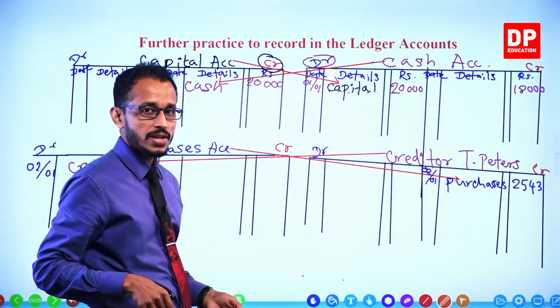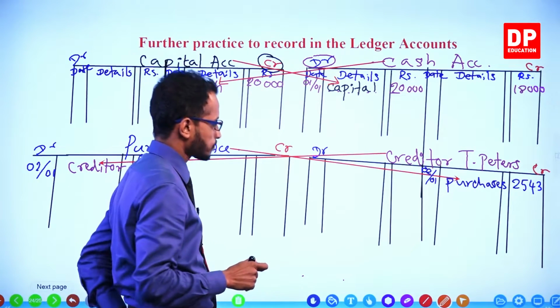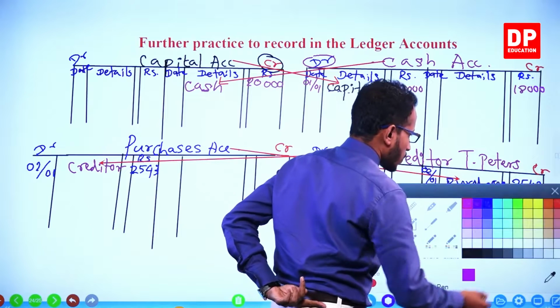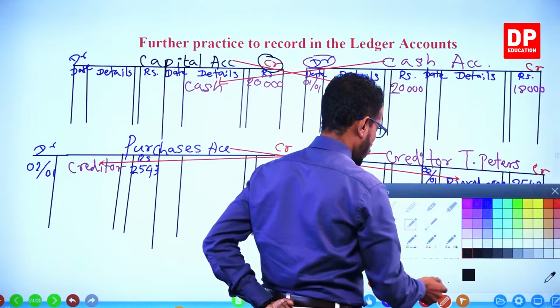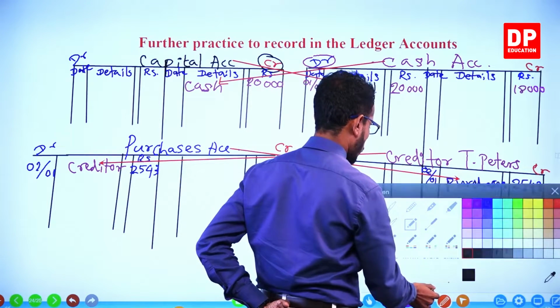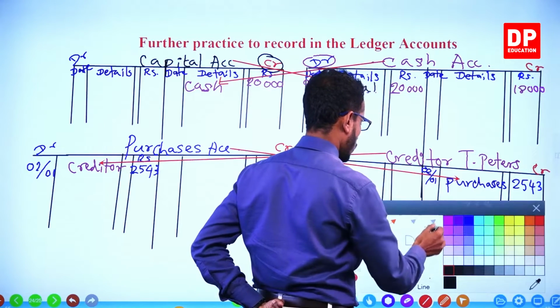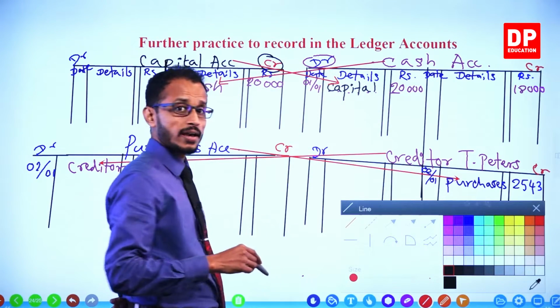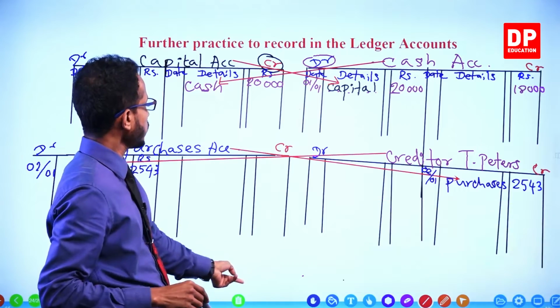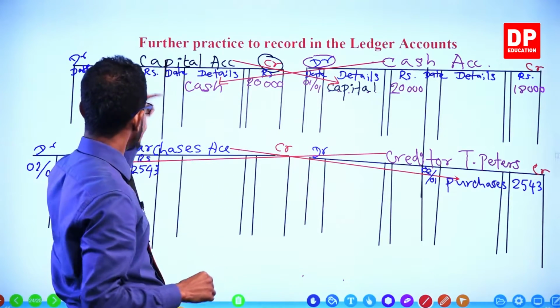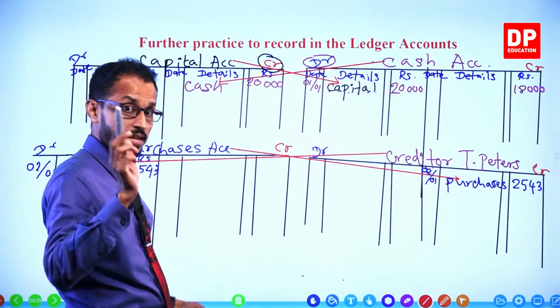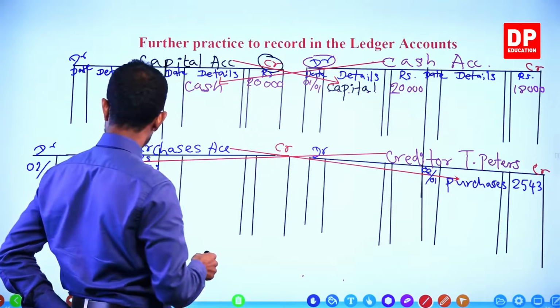Which component is debited now? Bank. Do we have a bank account, children? Do we have a bank account? No, I don't think so. No, we don't have a bank account. Then you should draw a bank account.